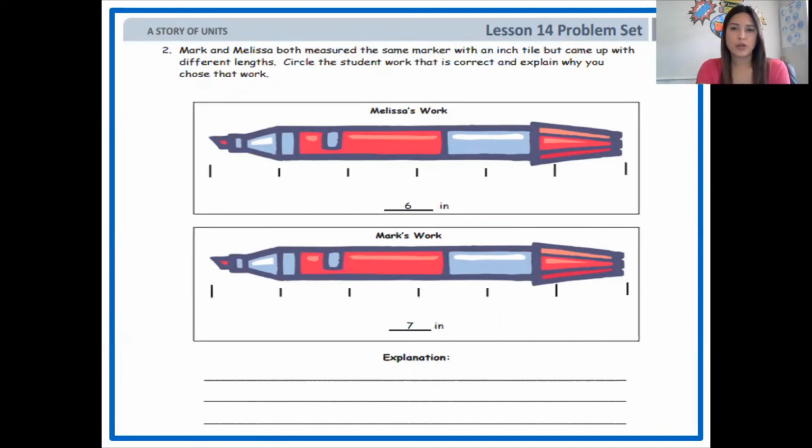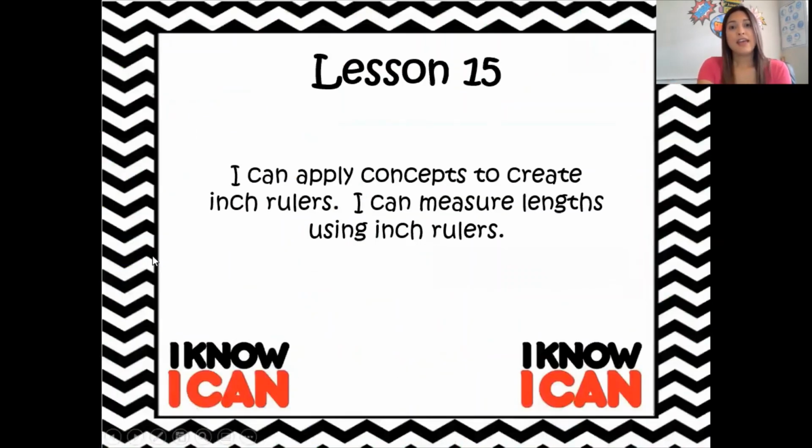Circle the student work that is correct and explain why you chose that work. So I'm going to give you a little hint. Remember that that very first hash mark, is that a 1 or is that a 0? It's a 0. So make sure that you put 0 at the beginning. You can write your numbers at the bottom. Okay? And then we're basically done.